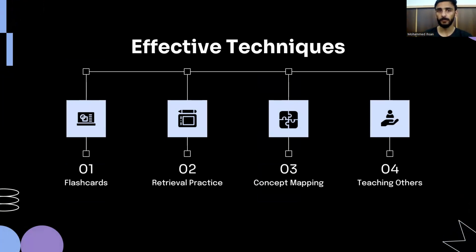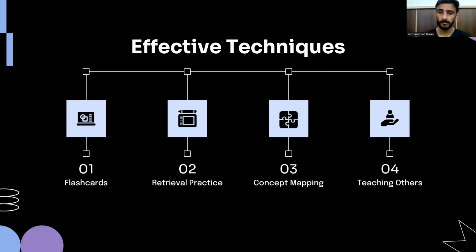Second, we have retrieval practice itself through quizzes or summarizing, which strengthens memories and helps with more long-term retention of the information. Concept mapping also aids in understanding complex concepts and their connections.